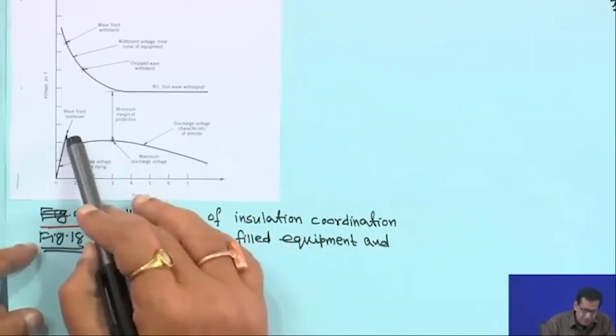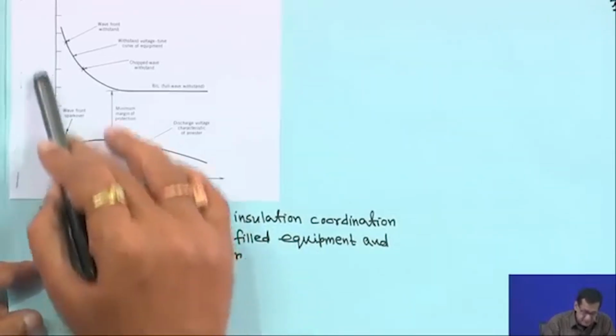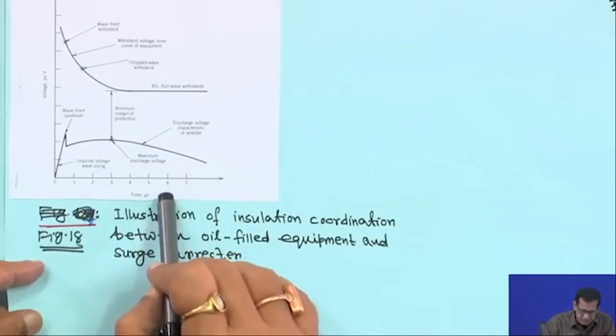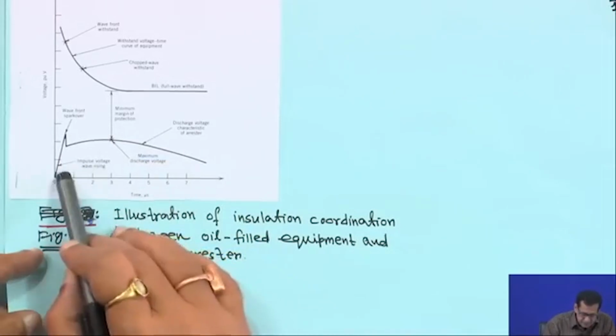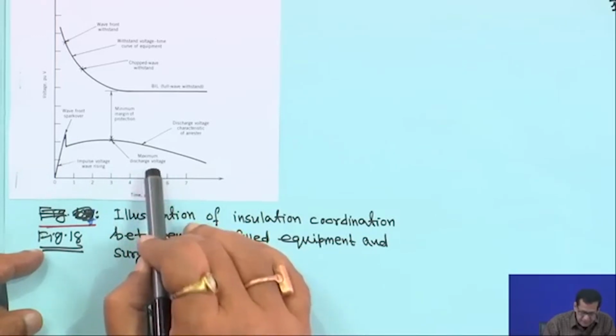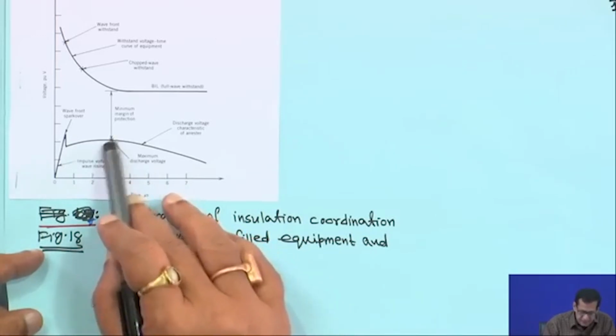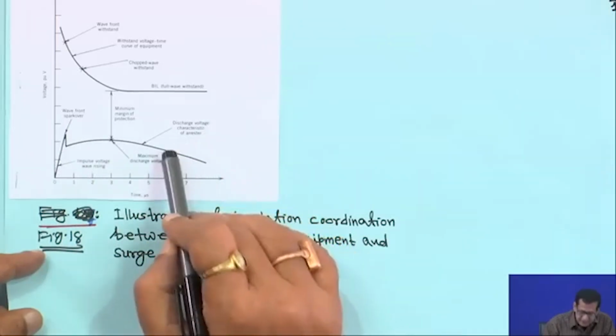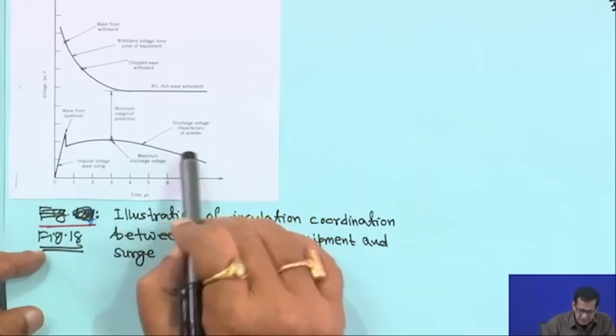This is the wavefront spark over. This side is voltage in per unit, this side is the time in microseconds. This is the impulse voltage wave rising, and this point is the maximum discharge voltage, which you can see in the curve, and this is the discharge voltage characteristic of the arrestor.